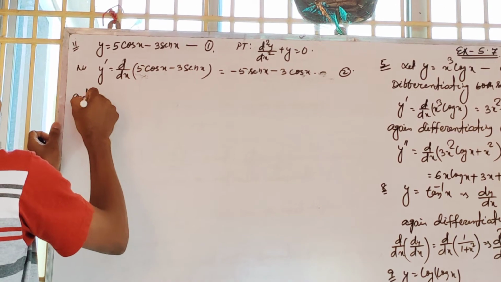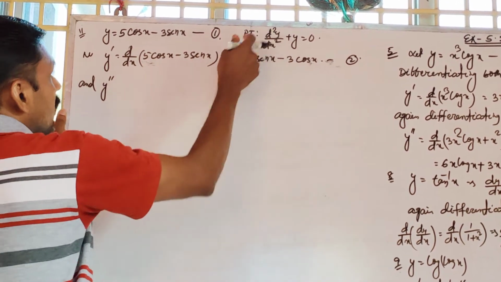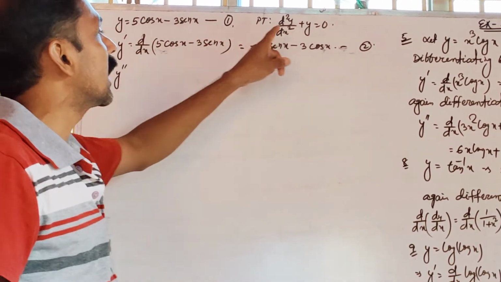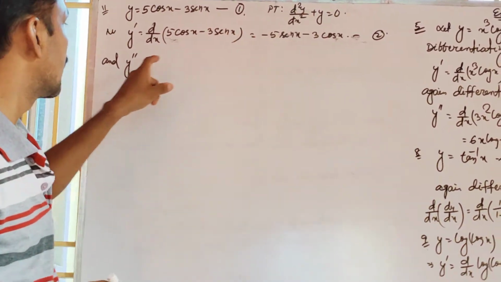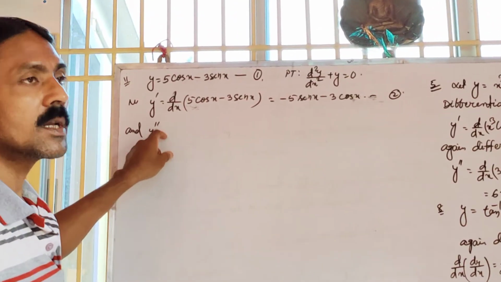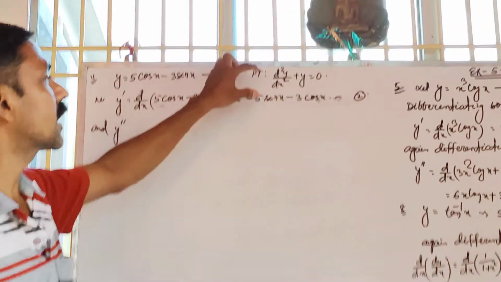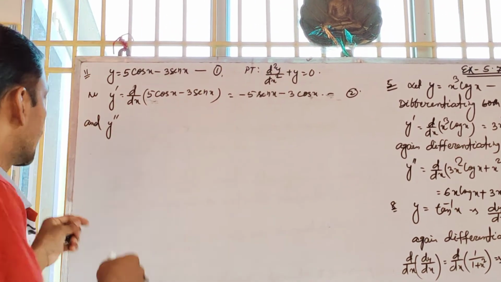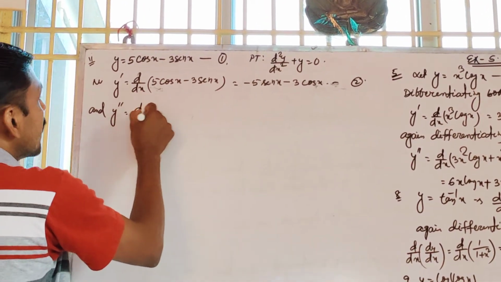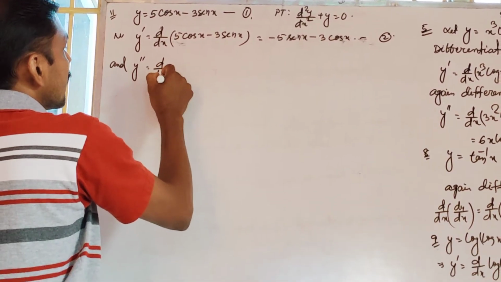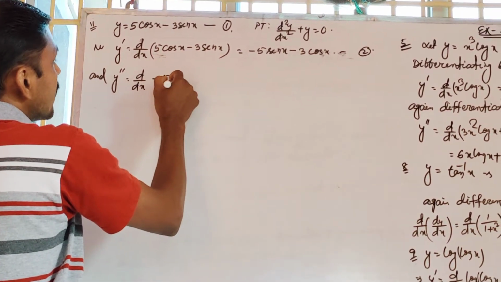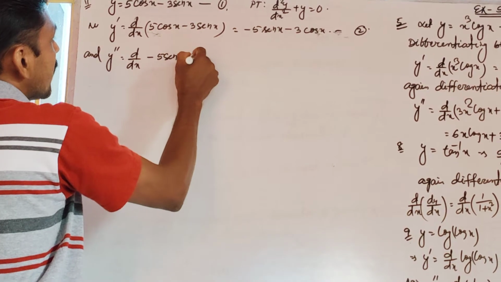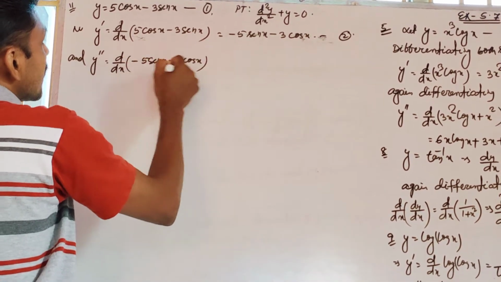And y double dash, d2y. Okay, y we will write in this notation, that's why it is used in most books, because otherwise it will take space and look congested. So y double dash means the derivative of this second one, d by dx of minus 5 sin x minus 3 cos x.